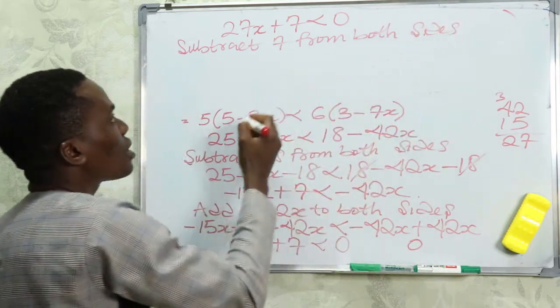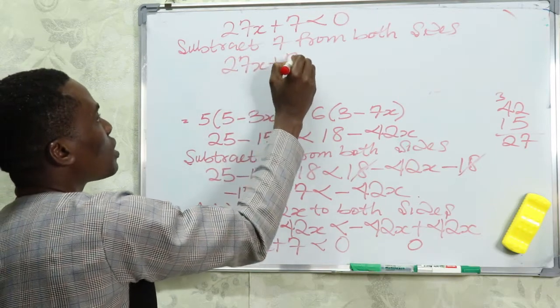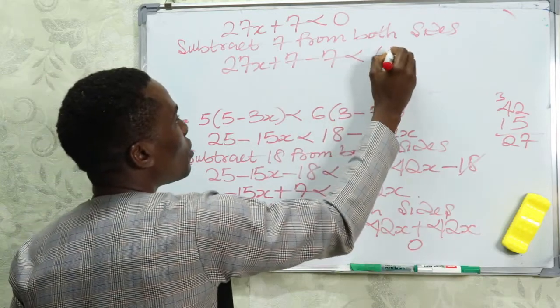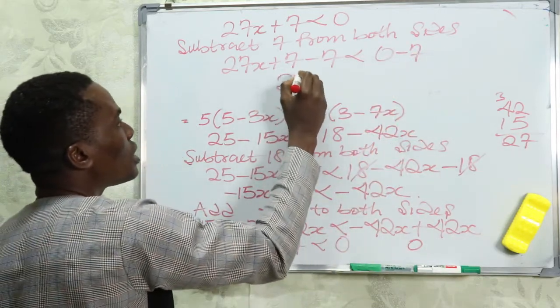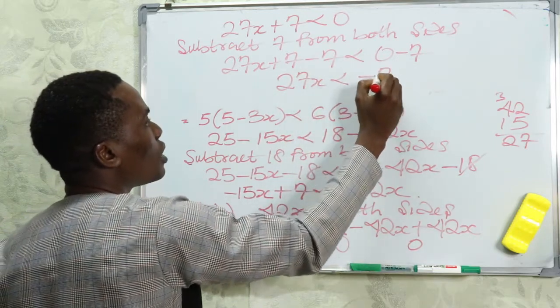Now when we subtract 7 from both sides, we'll have 27x plus 7 minus 7 is less than 0 minus 7. So this will give us 27x less than minus 7.